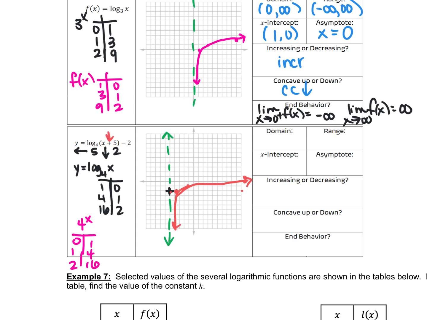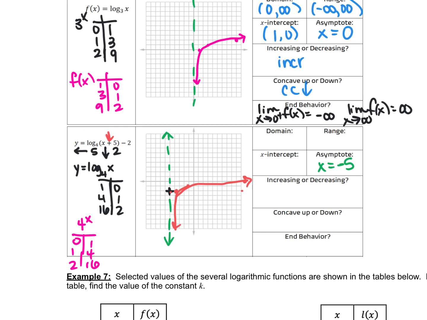Okay? Came from right here. All right, I pushed it back 5. So my asymptote is going to be here at x equals -5. Okay? Pushed it backwards. It's that horizontal translation because we have a horizontal asymptote. Right? So my horizontal translation is my horizontal asymptote.